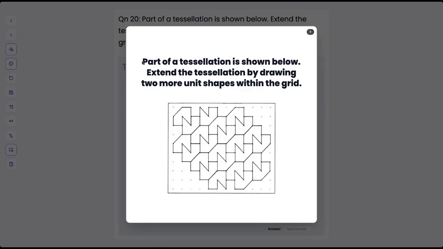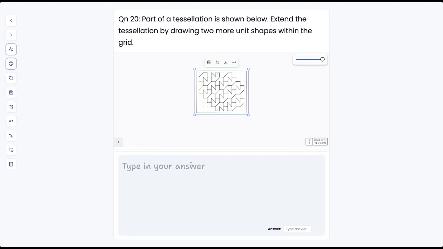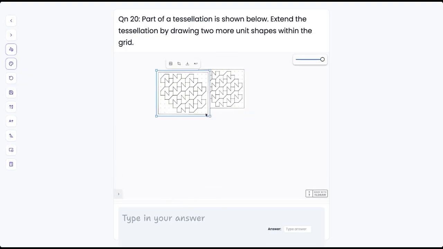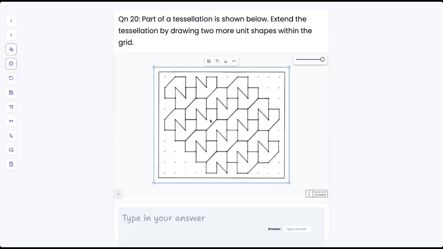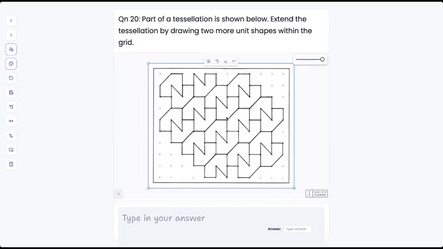Question number 20. Part of the tessellation, which is basically this whole repeating shape that is joined together, is shown below. Extend the tessellation by drawing two more unit shapes within the grid. So we can just close this for a bit and look at this. In this case, let me also draw it.